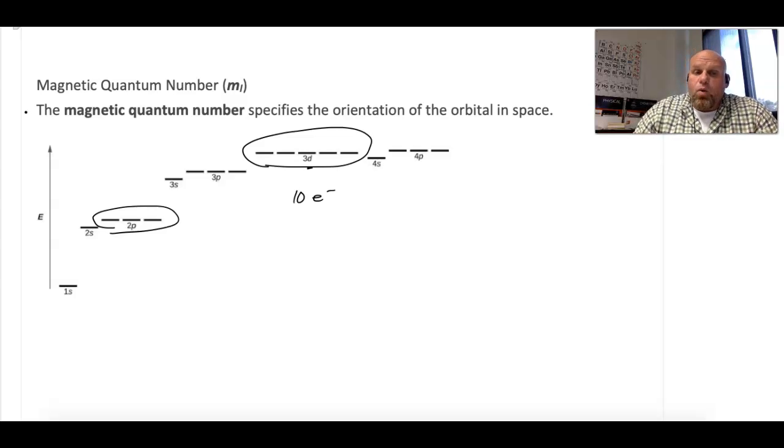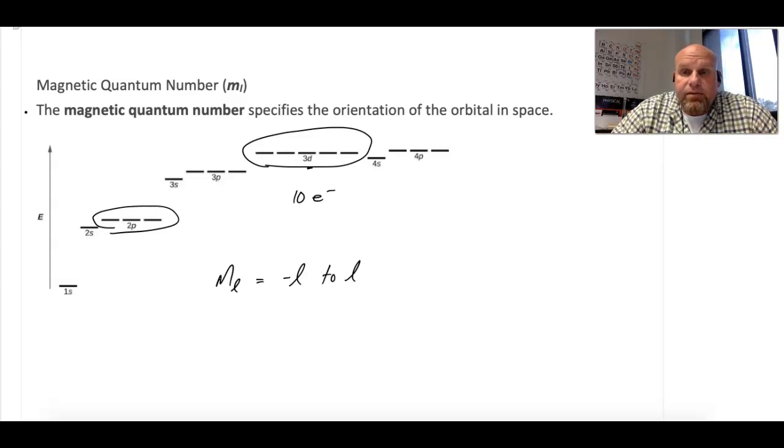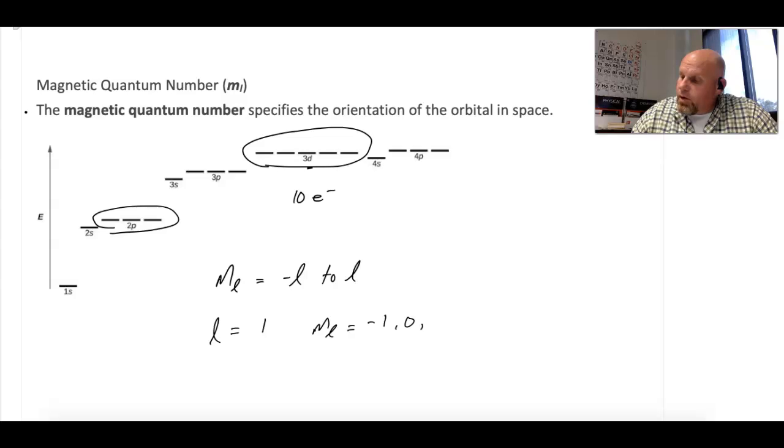Okay, so the magnetic quantum number is going to equal negative L to L. Negative L to L. So if I had an L value of 1, L equals 1, that means my M sub L values are negative 1, 0, and 1.